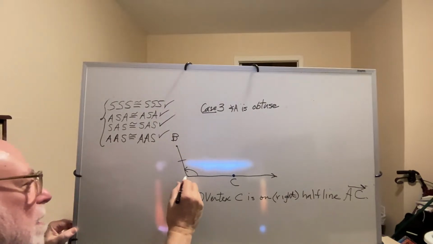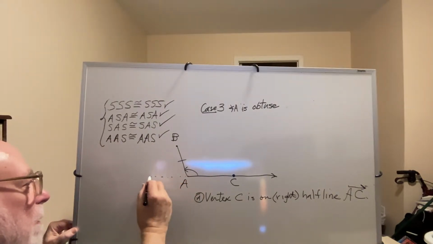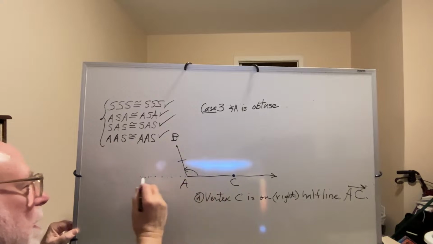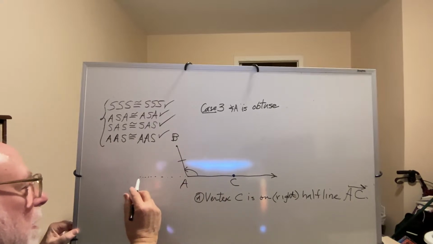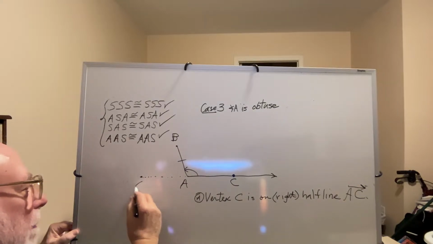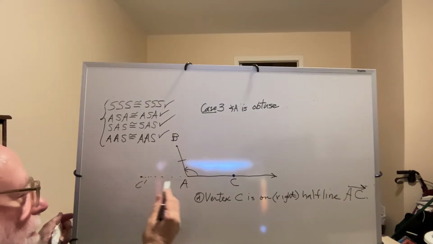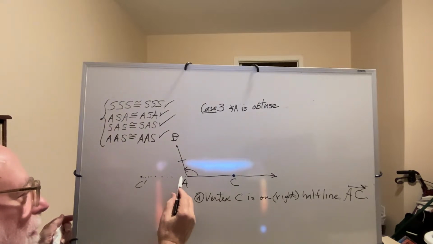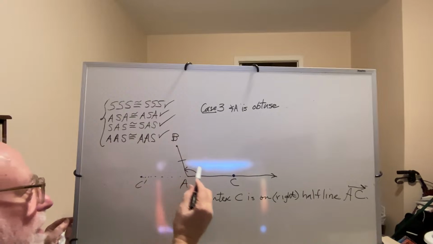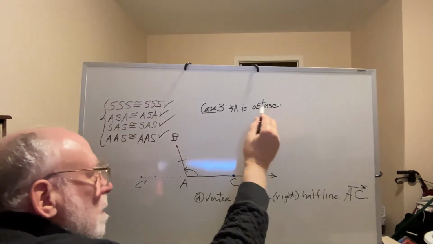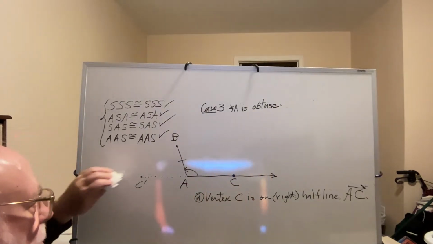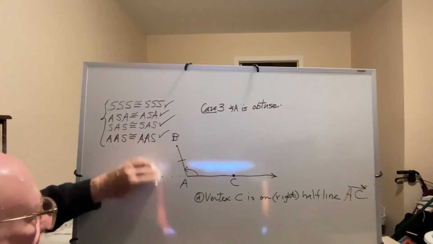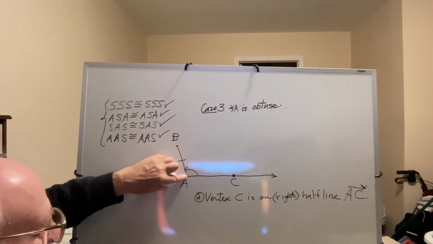That's because the only other option would be to have C somewhere here on the left half line AC prime, somewhere out there. But then angle A would be acute, but that's a contradiction because in this case A is obtuse. So we can't have C out here on the left.